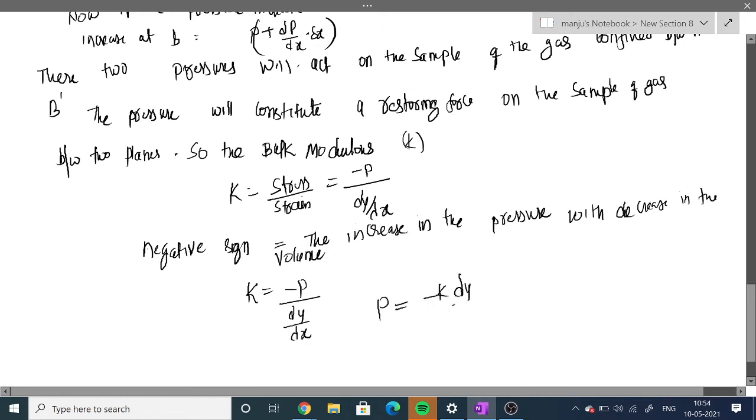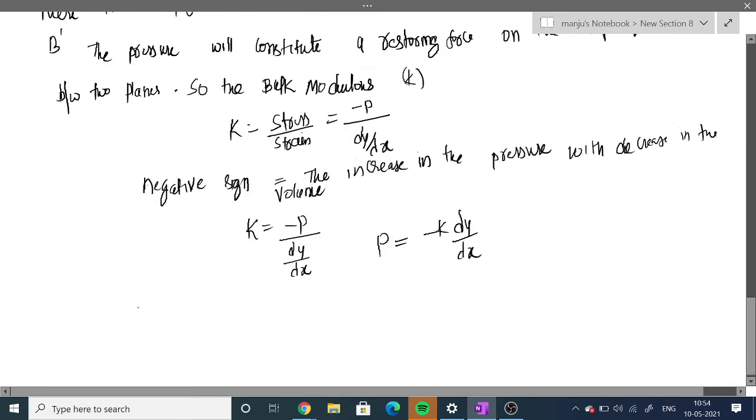The restoring force is given by dP by dx into delta x. So what is P? P is equal to d by dx of minus K dy by dx, into delta x.